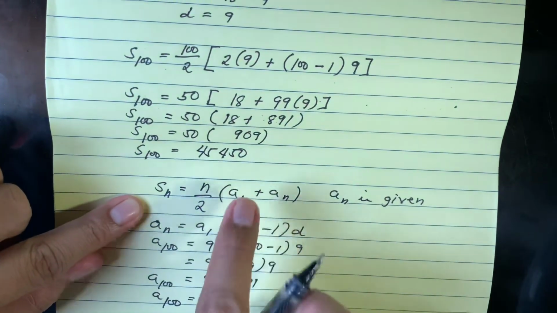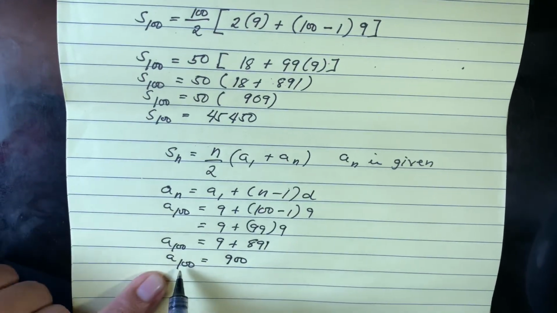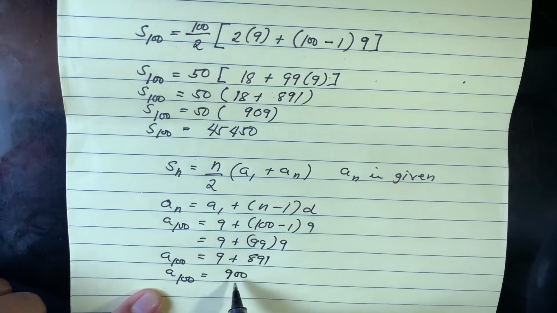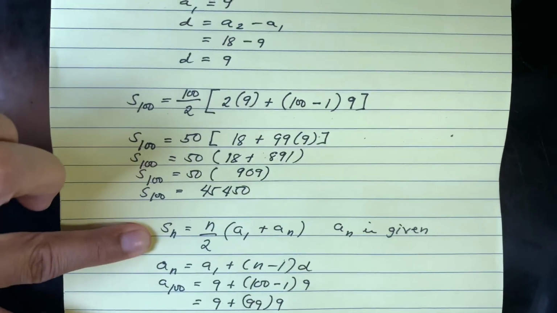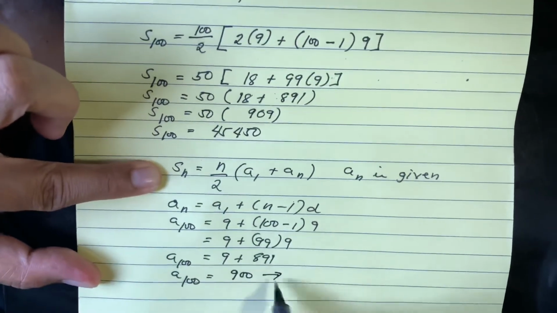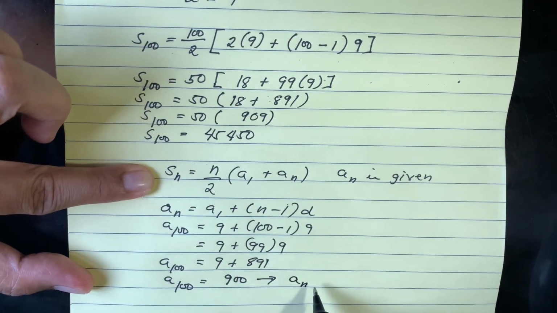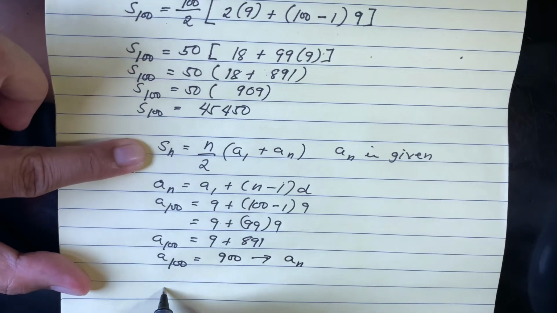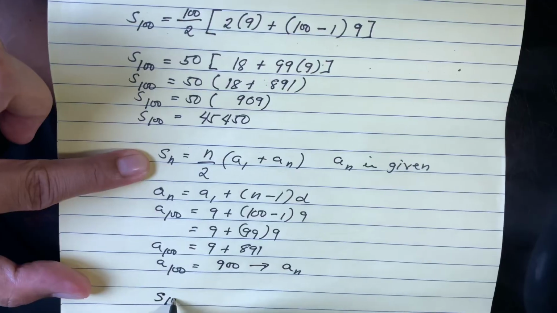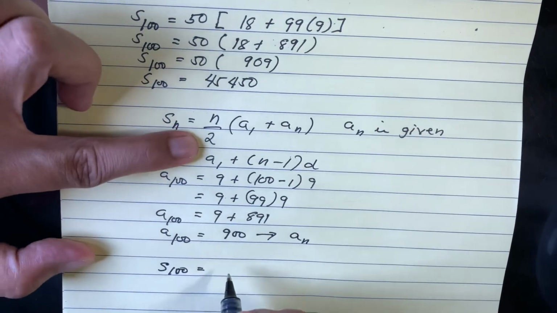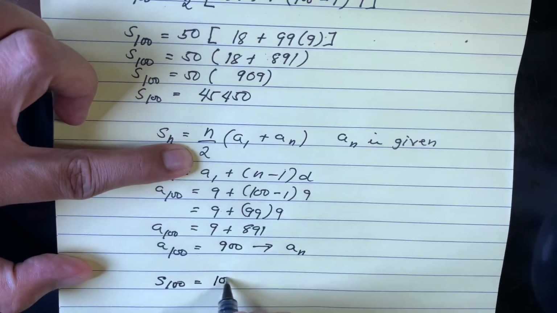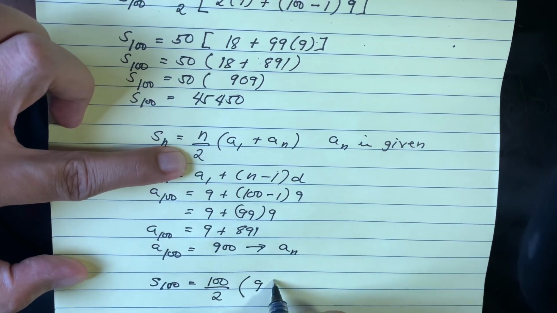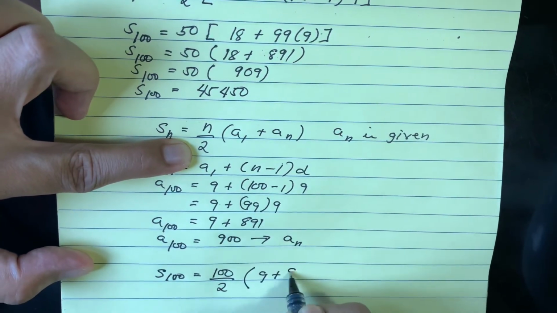Now let us use the formula here. So our 100th term is equal to 900. Now let us use this formula. Your 900 here is your a sub n. So we are going to apply our second formula. Now we have S sub 100 is equal to n over 2. We have 100 all over 2 times a sub 1, which is 9, plus 900.